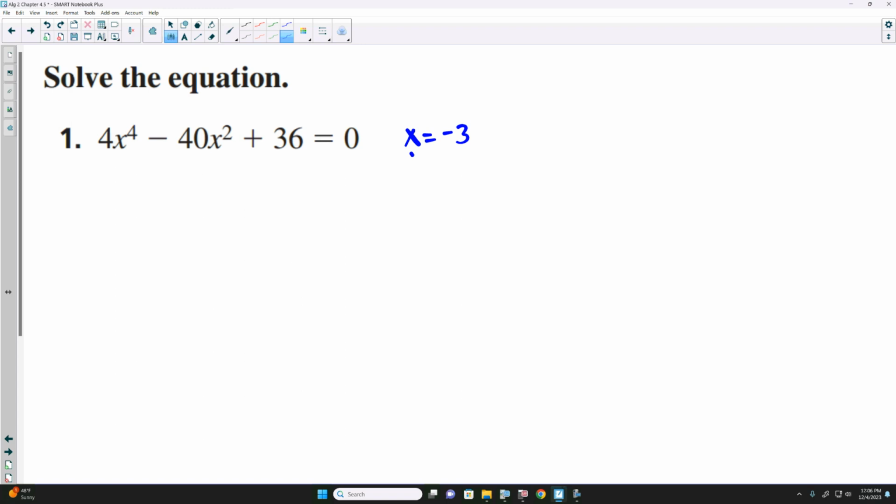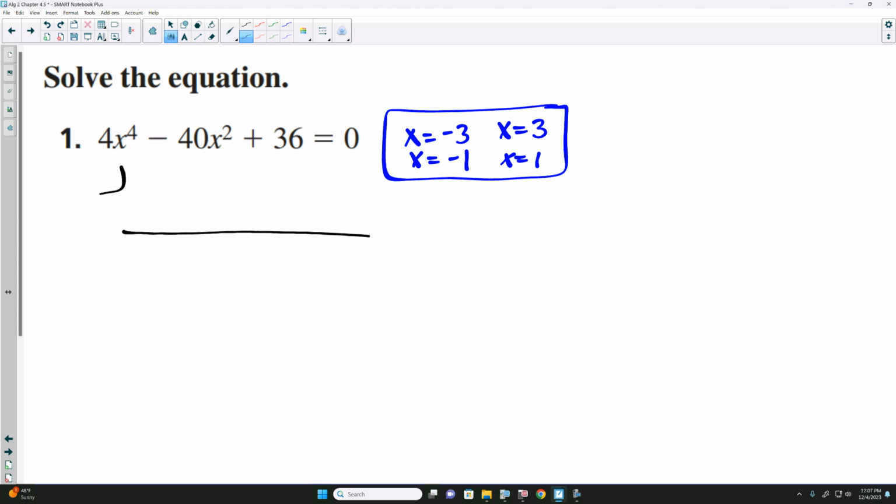So x is equal to negative 3, x is equal to negative 1, x is equal to 3, and x is equal to 1. And that's it. Those are all 4 of the solutions, because for this 4th degree polynomial expression, when we graphed it, we saw that these are our 4 answers.